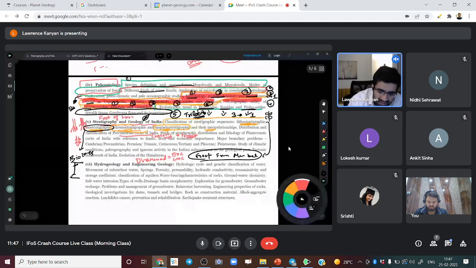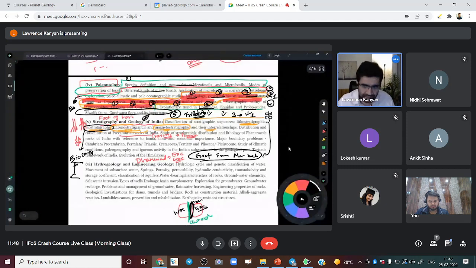The diagram is very simple, as you have gone through. There is the Closepet granite here, and another thing is the Chitradurga thrust. This is the main thing. They can ask you about the difference between these also, so prepare for that as well.